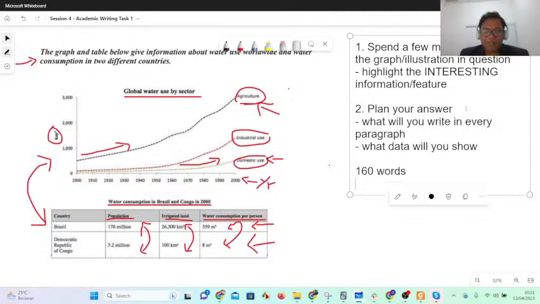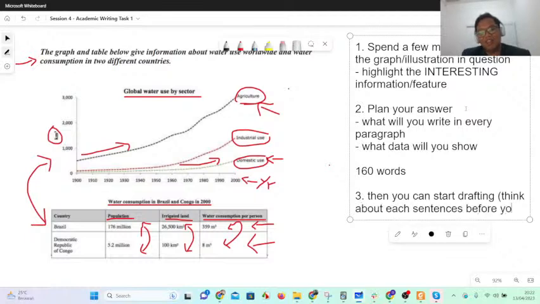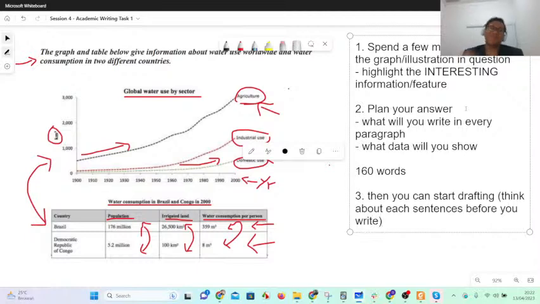Okay. And then after the third one, you can start drafting. Now, when I say drafting, I don't mean just write out your answer. Think about each sentence before you write it. If you take the paper-based test, one of the most annoying things that can happen is that you start writing your answer and you go, wait, that doesn't sound right.